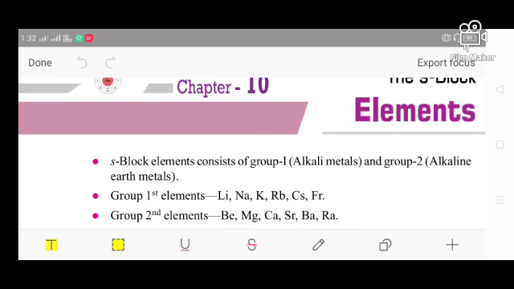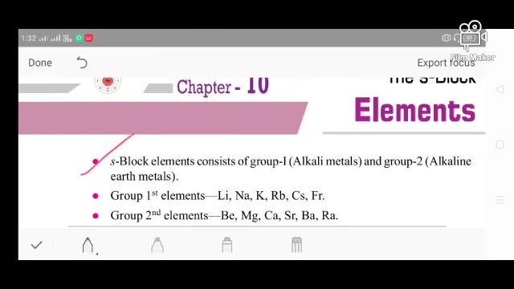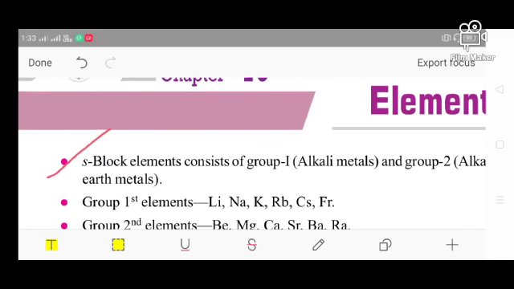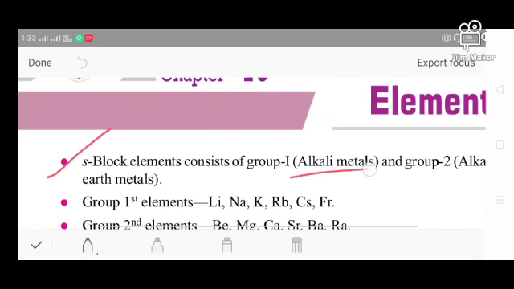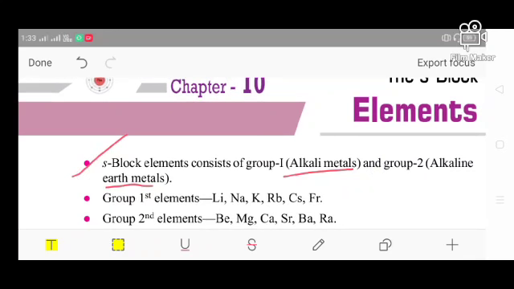In the S block there are only two groups, one is group 1 and another is group 2. Group 1 is also known as alkali metals, and group 2 is otherwise known as alkaline earth metals. Okay, so this is the basic information about the S block elements.